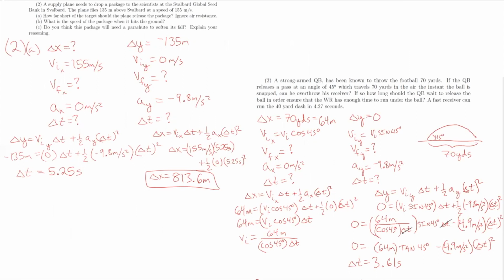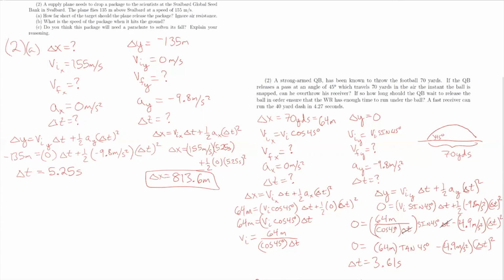So in the first problem, it's a supply plane dropping a package to the Svalbard seed bank, and you have an airplane flying with a horizontal velocity dropping a package from a certain height. This is an object in free fall, and we know how high it's dropped from, its initial velocity, both x and y components, the acceleration, both x and y components, and then we don't know how far it travels horizontally, the final velocities, components, or the time.